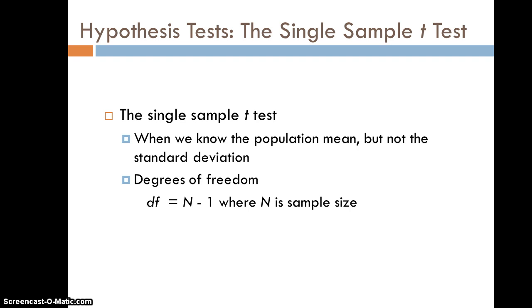But you'd know exactly what that would need to be. So that's where degrees of freedom come in. The degrees of freedom are the number of scores that are free to vary. And in a single sample t-test, the degrees of freedom is n-1, where n is the sample size, so the number of people in your sample.